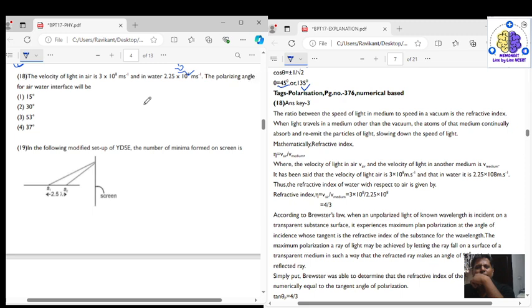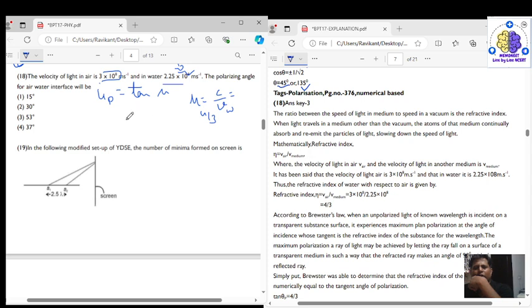The polarization angle for water will be, so polarization angle iP will be equal to tan inverse of the refractive index of water with respect to air, and the refractive index mu will be equal to C upon the velocity of light in water. Putting C as 3 into 10 to the power 8 and V as 2.25 into 10 to the power 8, we get the refractive index as 4 by 3. So iP will be equal to tan inverse 4 by 3, right?